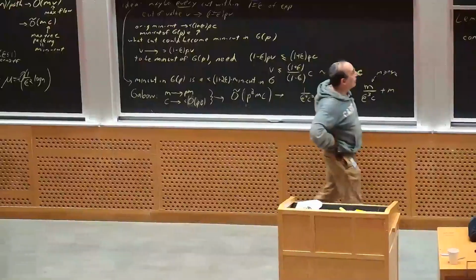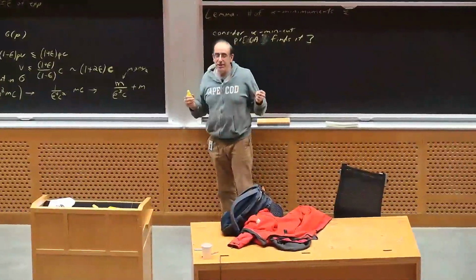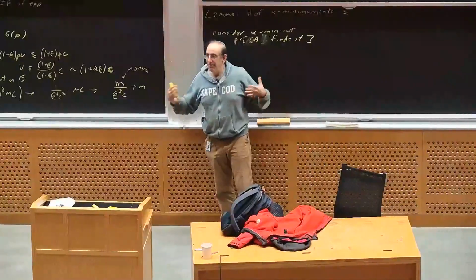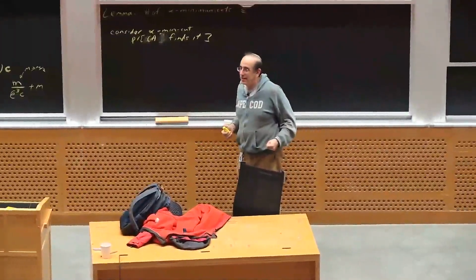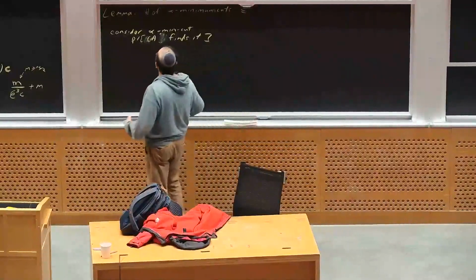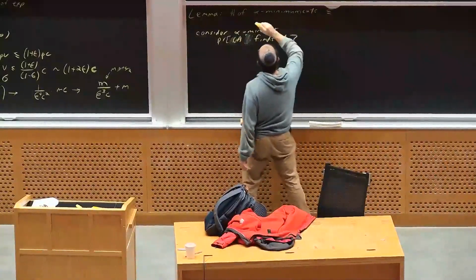So that is a cut whose value is alpha times, it's literally as the English sounds, alpha times the minimum value of the cut. Oh, I see. Yes, you're right. So the definition here is a cut of value alpha times the minimum.